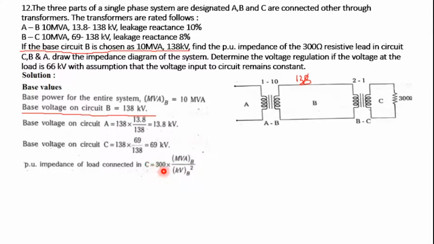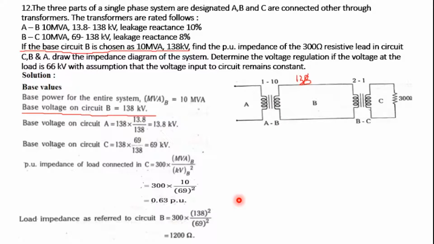So this is 300 ohm, the MVA base is 10 MVA, and the voltage on the C circuit is 69, squared, so I get 0.63 per unit. This is the value across the C circuit in per unit, for a reactance of 300 ohm.